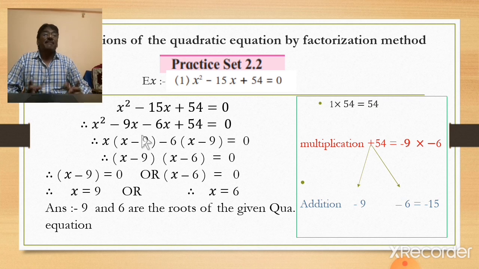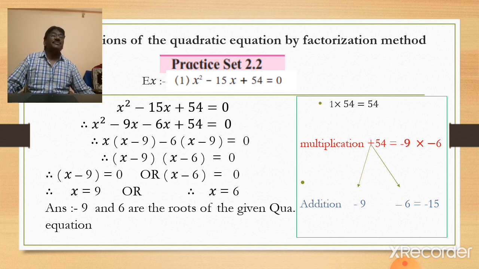Those numbers are minus 9 and minus 6, because the addition of minus 6 and minus 9, we get minus 15, and minus 15 is the coefficient of the middle term.